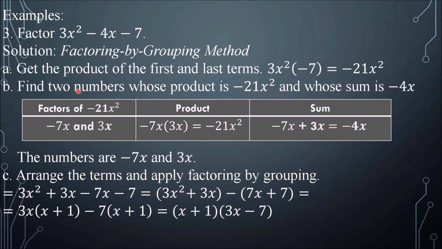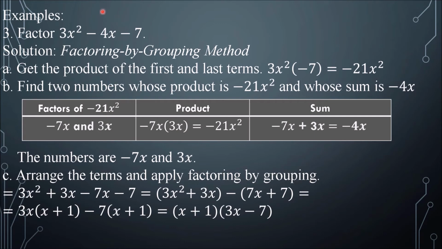Now we need to find two numbers whose product is negative 21x squared, but the sum must be negative 4x. So factors of negative 21x squared, we have negative 7x and 3x. Why negative 7 and positive 3? In order to have a sum of negative 4x. Therefore, the two numbers are negative 7x and 3x. We will use that in factoring by grouping.